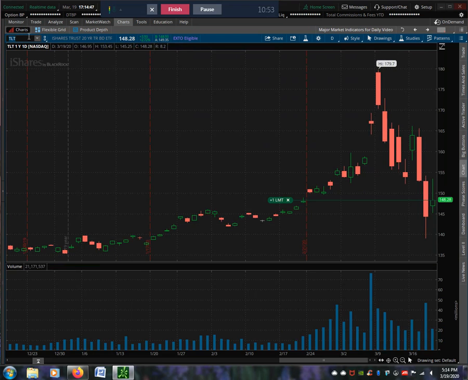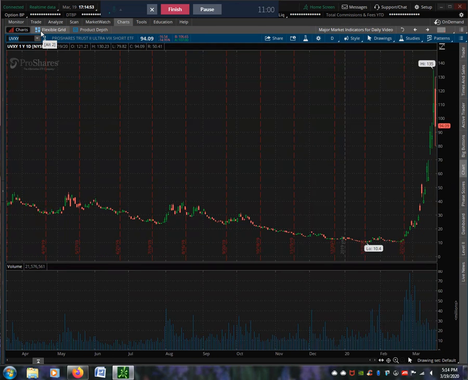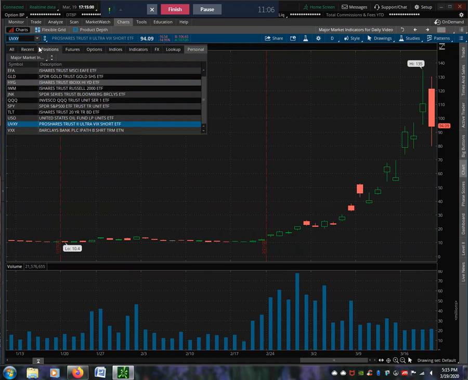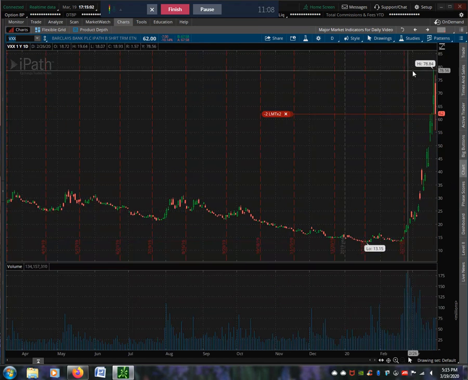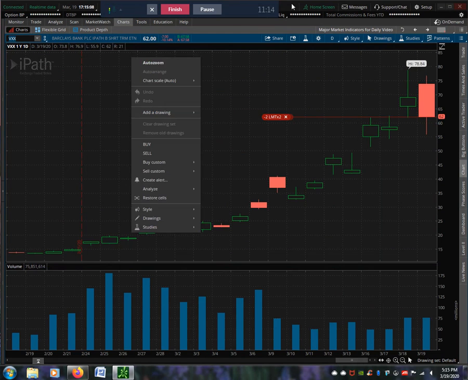Let's go into our scan tab just so we can see if there is anything that we want to look at. Load the scan inquiry. If there are any long ETFs worth looking at right here. Ford is interesting here at $4. HYG.